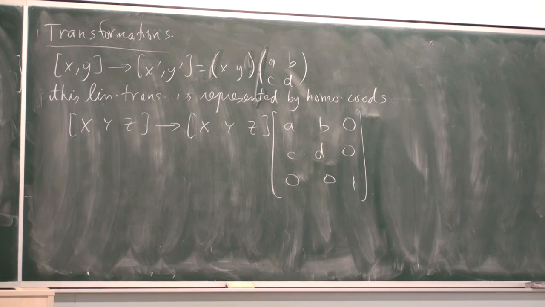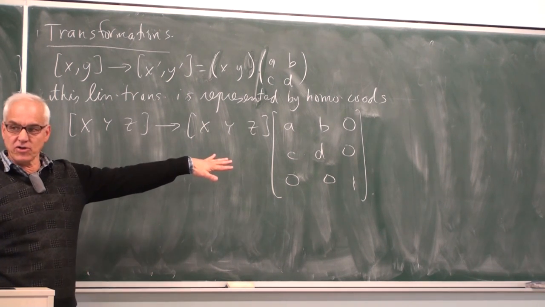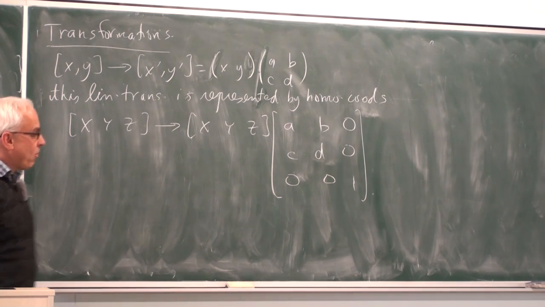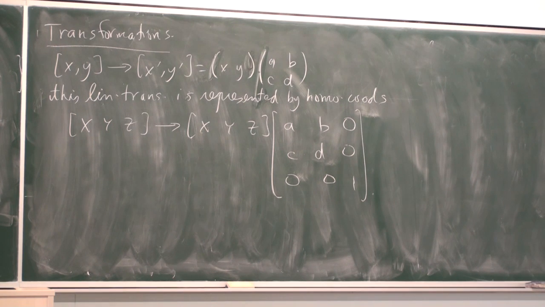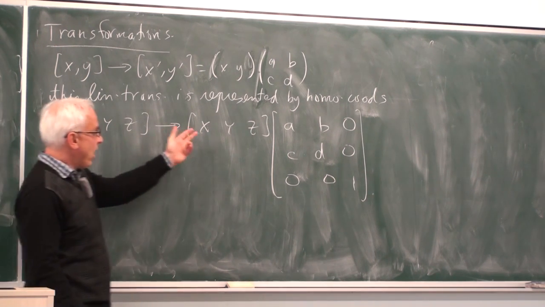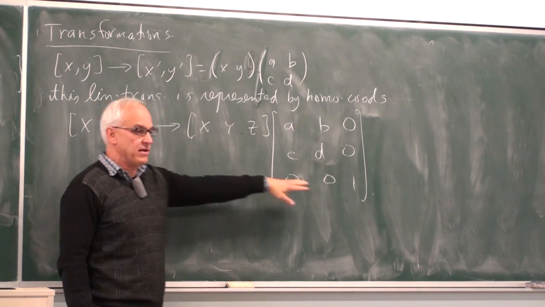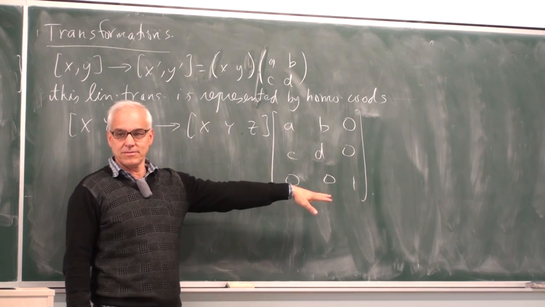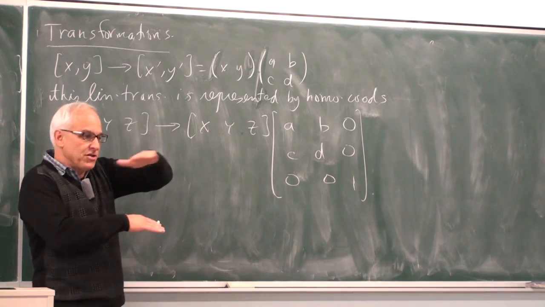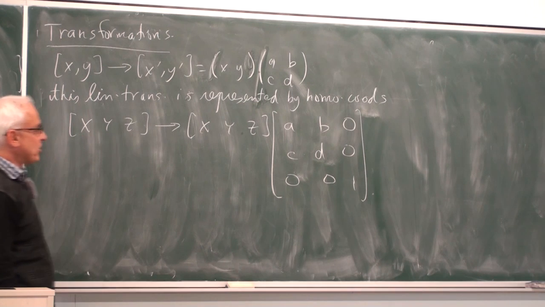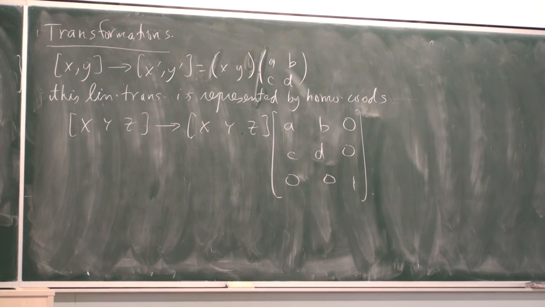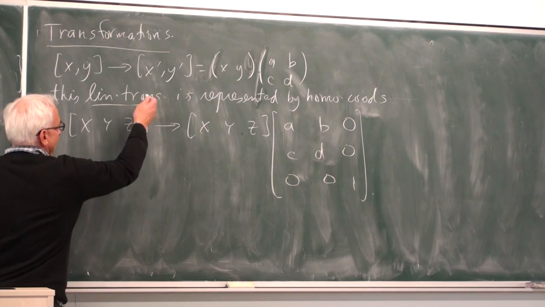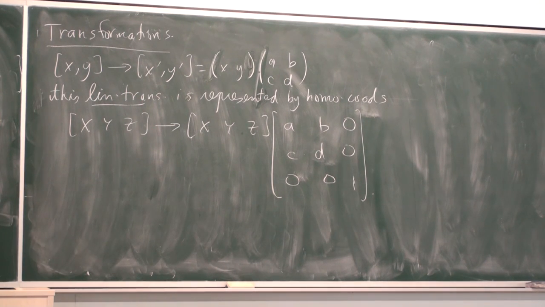So if you think about how this linear transformation acts on three-dimensional space, what it does is it transforms x and y in the standard way and then leaves z fixed. And so it's just acting essentially on this two-dimensional plane in the standard way. So linear transformations can sort of obviously be incorporated, but the advantage is that translations can also be incorporated.